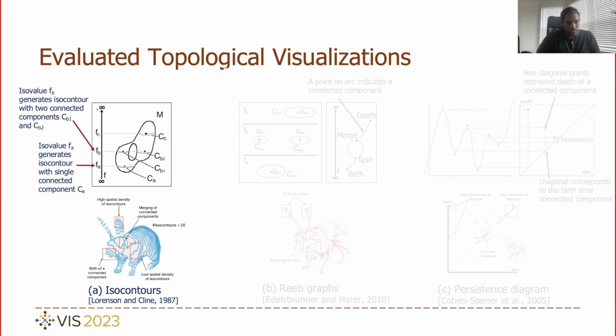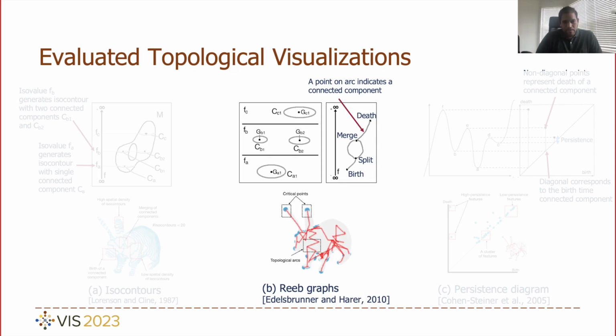Now, isocontours visualize points with equal data value, also known as isovalues. As depicted for the rabbit dataset, we can control the number of isocontours. Also, we can infer the different events such as birth and merging of connected components, as well as the high spatial density of isocontours is observed in high gradient regions and vice versa.